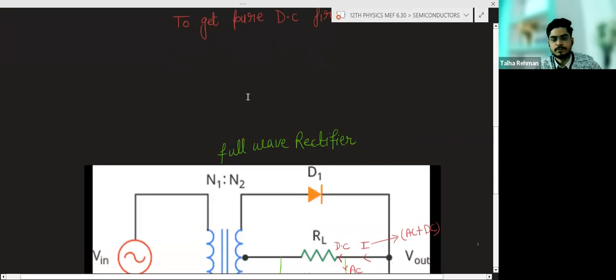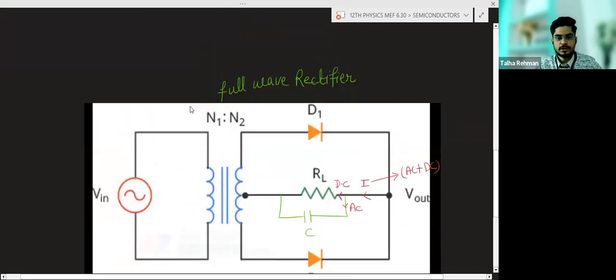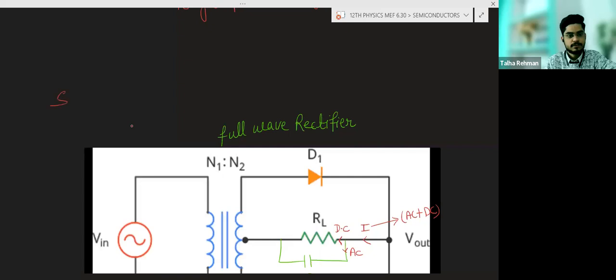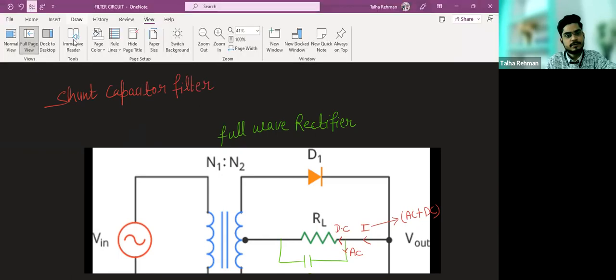No, it is fine. This type of filter is known as the shunt capacitor filter. Shunt capacitor filter.